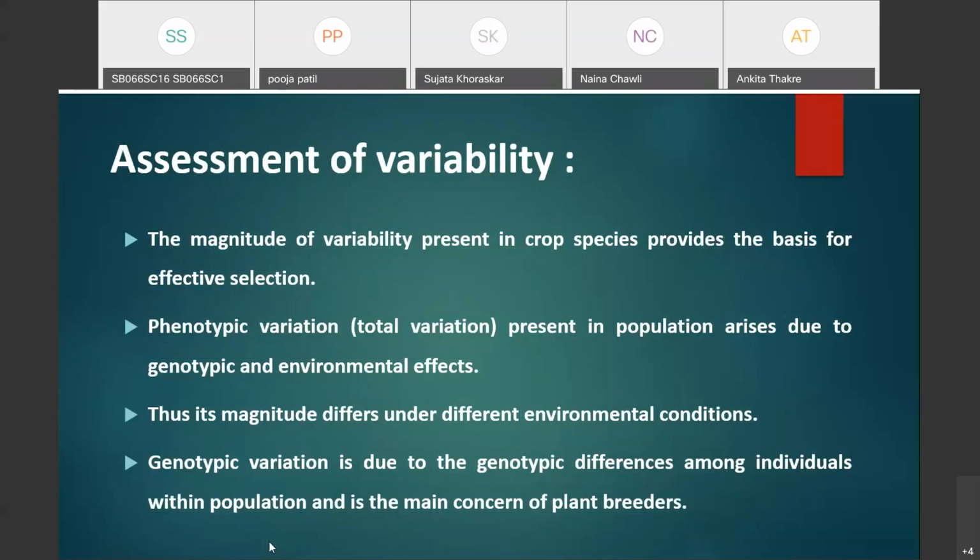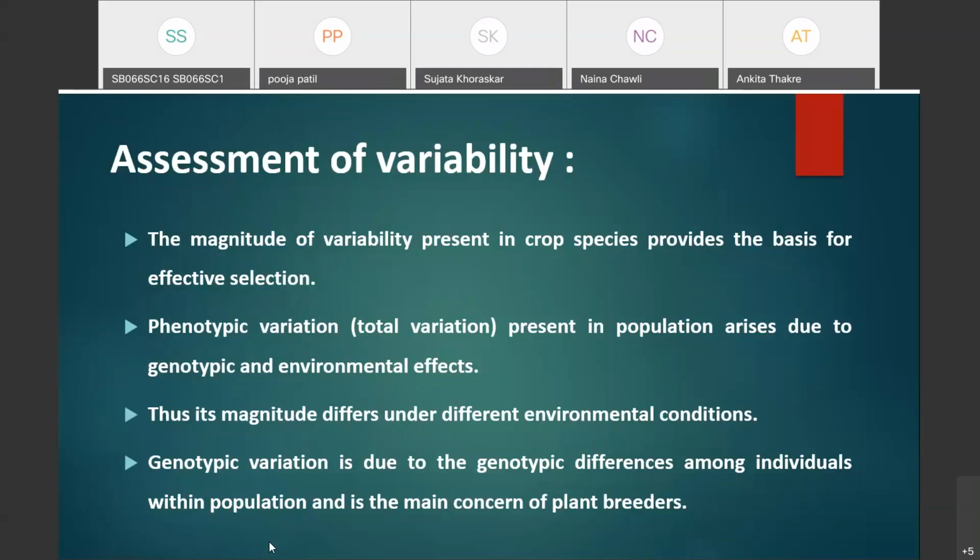If the variation is not present in the population, then it is not possible to improve the crop and to release the new improved variety. That's why variation is the most important prerequisite required for the crop improvement program, and that's why we are discussing here the assessment of variability. How the variability in the plant is assessed.